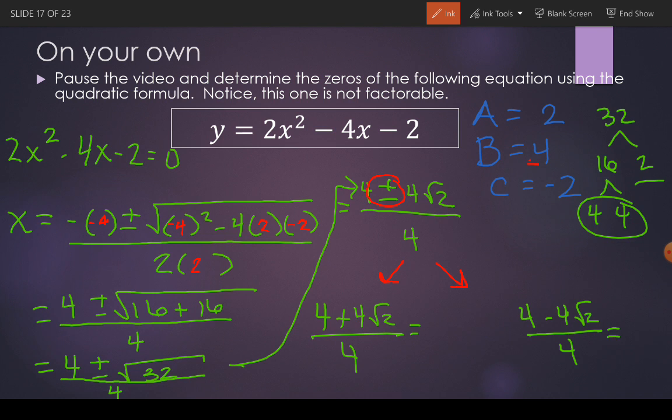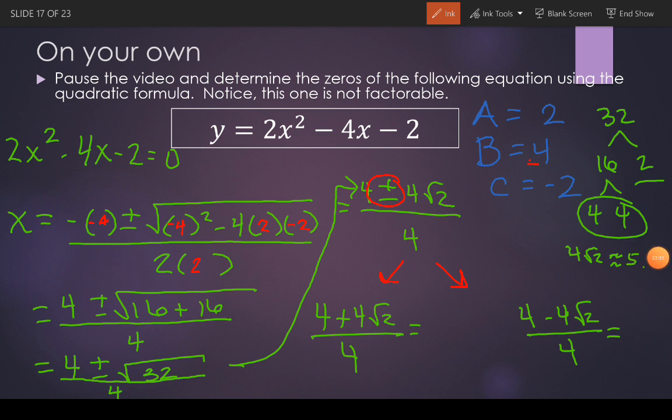So for these, since we do not have perfect squares, we'll have to use our calculator to simplify. So the square root of 2 is approximately 1.4. So we'll have 4 times 1.4. So 4 times the square root of 2 is approximately 5.6.